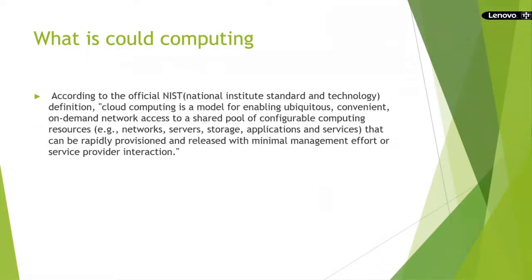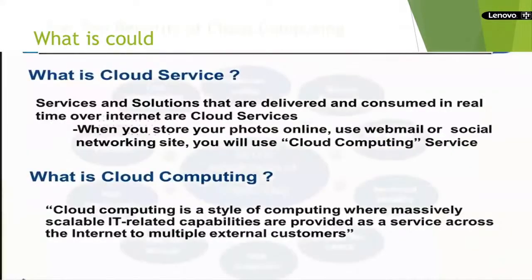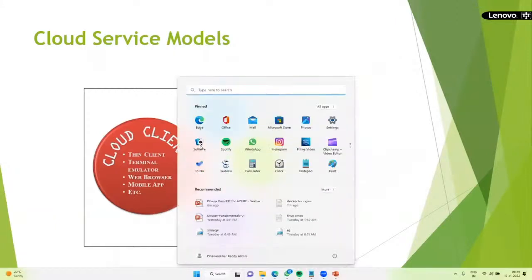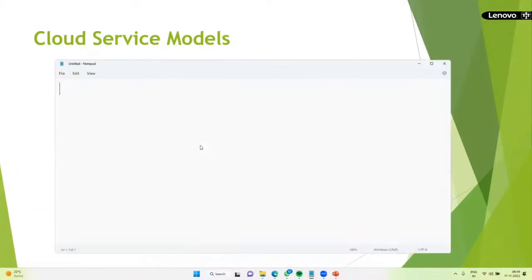So in the cloud, we have three types of services: IaaS, PaaS, and SaaS. Based on your business requirement, you can choose which cloud service model is required. First, infrastructure as a service.